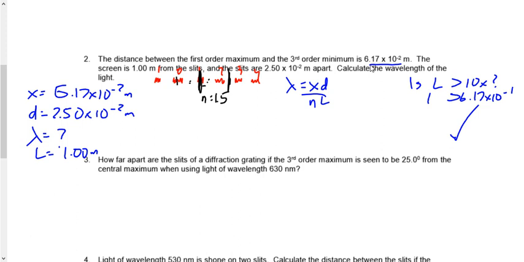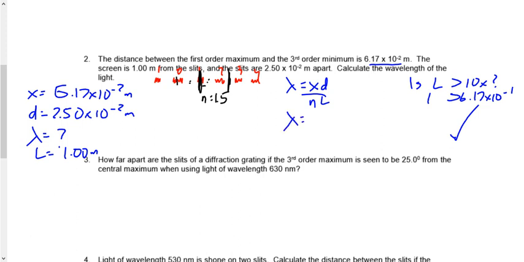Because in order to use the other one, you need to know the angle from the central max, not from the first order maximum. Does that make sense? So theoretically, it's possible. In practice, it isn't going to happen for you guys. So this will be valid.